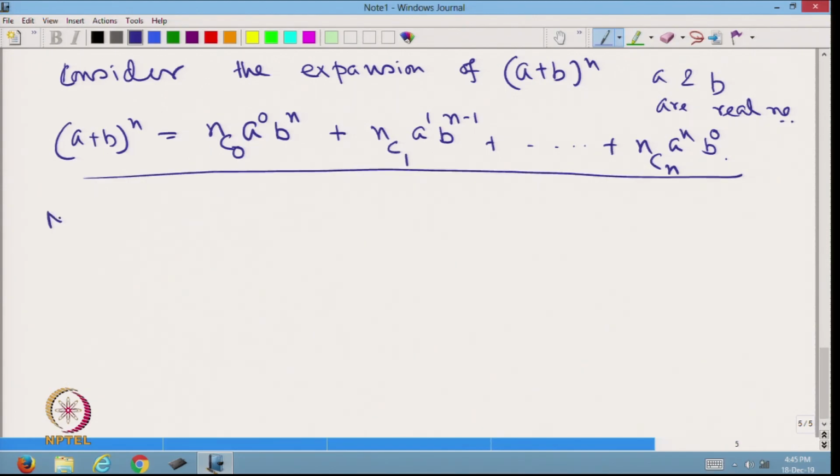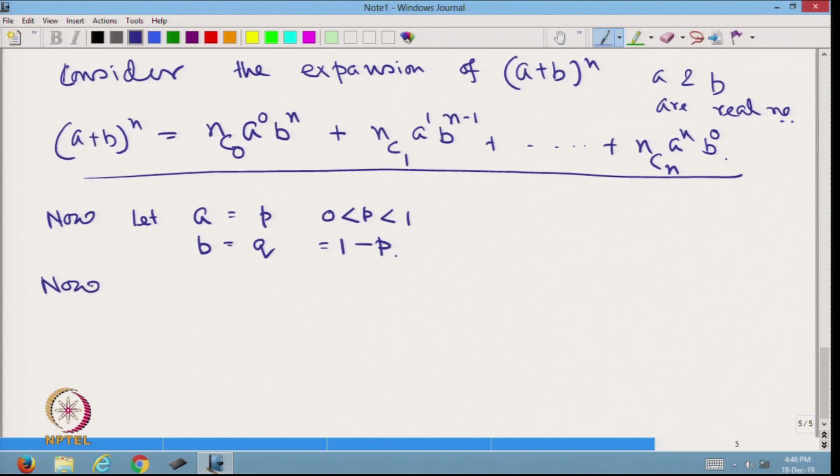Now, let a equal to p, 0 less than p less than 1, and b is equal to q is equal to 1 minus p.